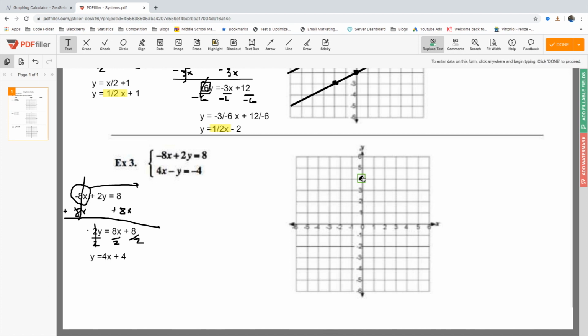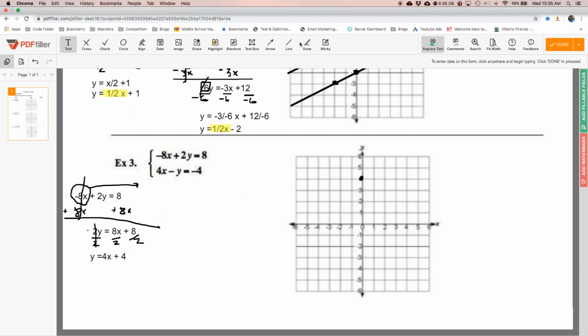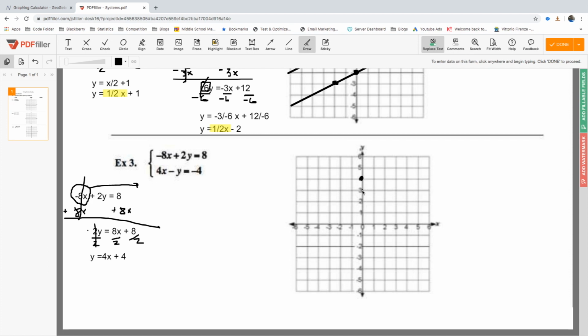Since I can't go up 4 to the right 1, I can go down 4 to the left 1. So 1, 2, 3, 4 down to the left one, which puts a point right there.